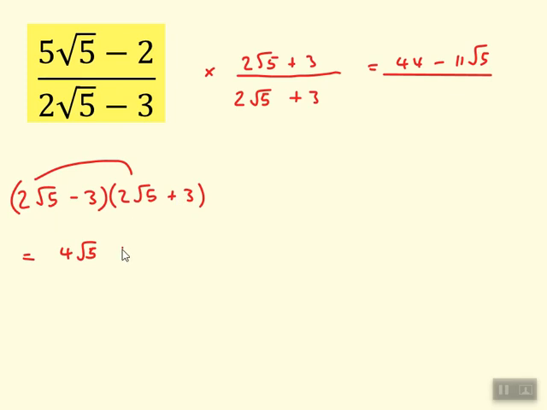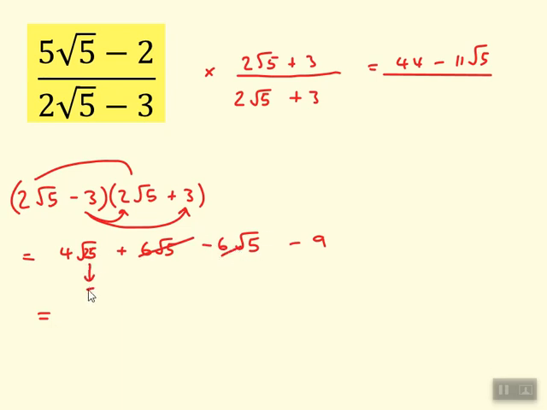That times the end. Oh no, sorry, it's not 4 root 5, it's 4 root 25. So it's 4 root 25, and then 2 root 5 times 3 is positive 6 root 5. Then these two times together is minus 6 root 5. Lo and behold, they cancel each other out. And then those two times together is minus 9. Okay, so the middle two terms cancel out as expected.